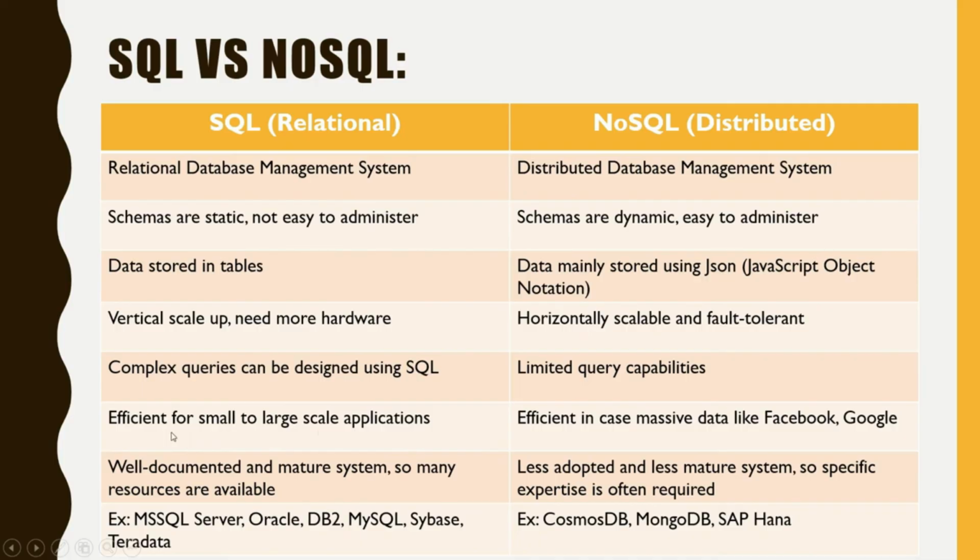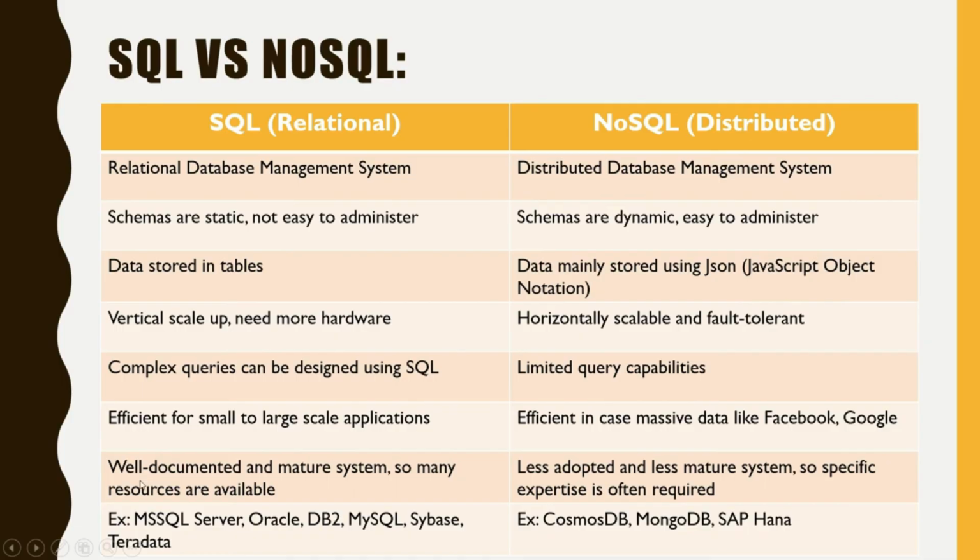That is, it is used in small to large scale industries to maintain their internal data. Whereas NoSQL is efficient in case of massive data of companies like Facebook and Google. Companies like Facebook and Google have to process millions and billions of records at a time. To fulfill this need, they use NoSQL or distributed system.